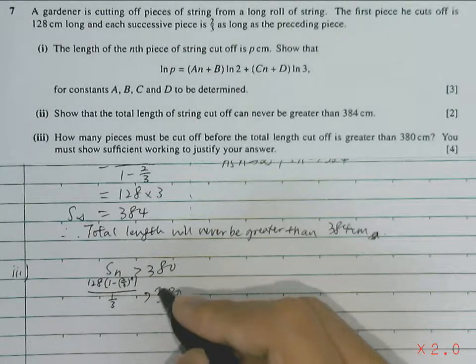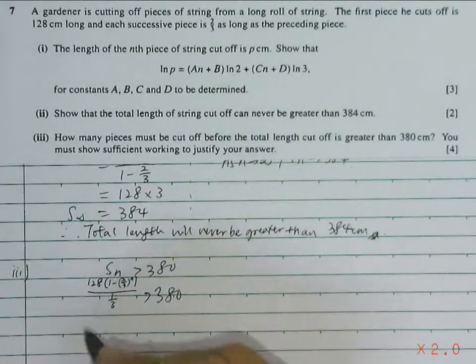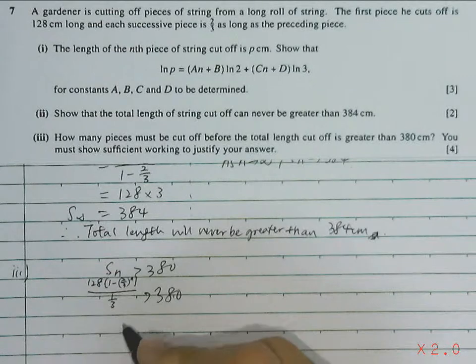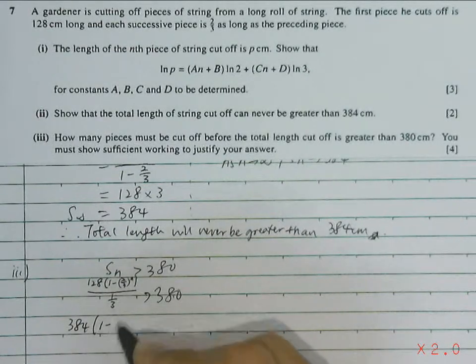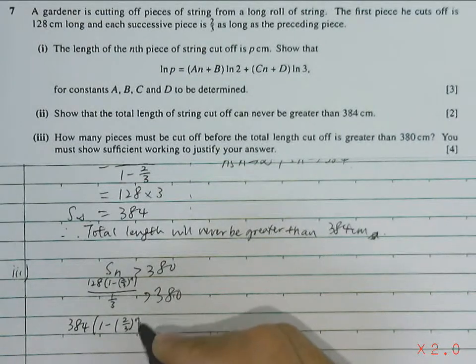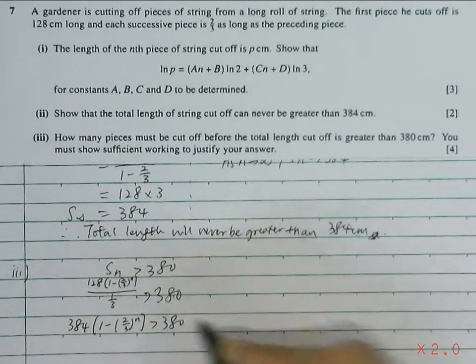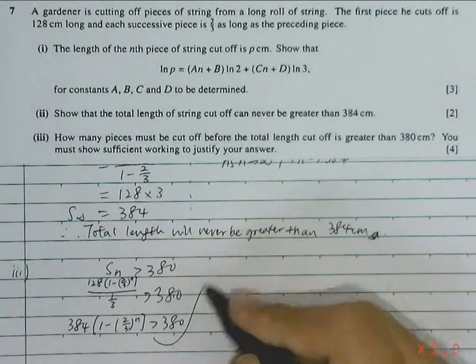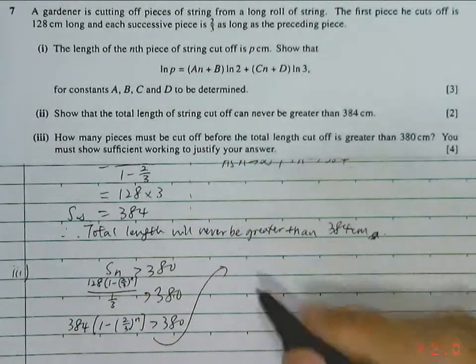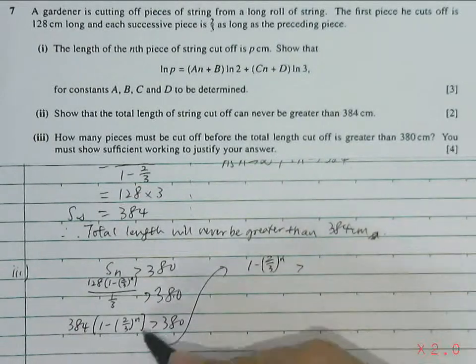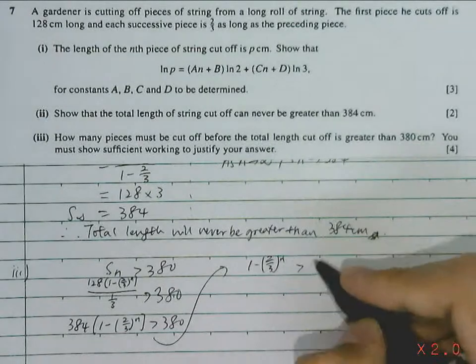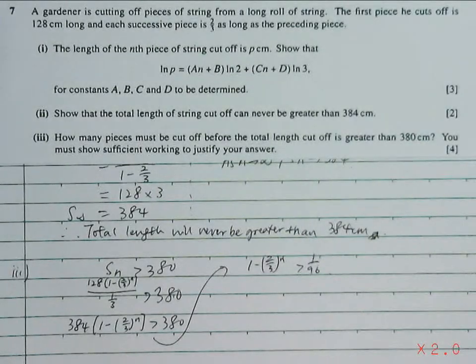It's a bit small, but in the next line I will simplify it. So I'll have 384 multiplying by 1 minus 2/3 to the power n greater than 380. Up to here we can continue on this side. So we will have 1 minus 2/3 to the power n greater than, if we divide by 384, 1 over 96 here.